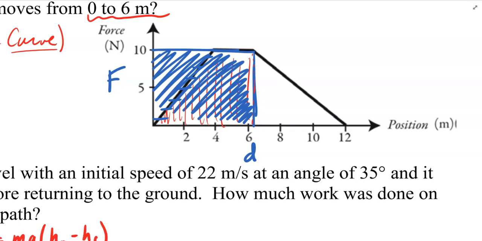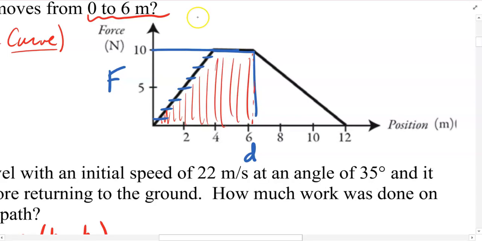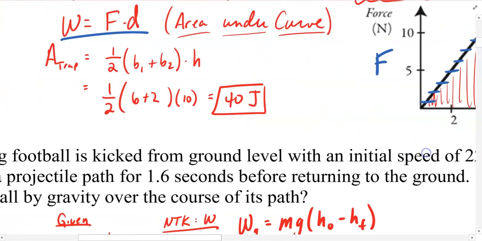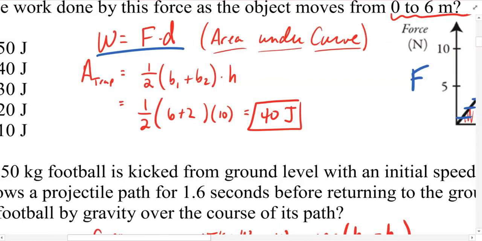We don't have that here, so we're going to calculate the area underneath this curve anyway. And if you were in a calculus class and you knew the function that described this curve, we can use an integral of the force measurement with respect to distance. But since we don't have the function, and this is not a calculus-based class, we'll just find the area under that curve using traditional methods.